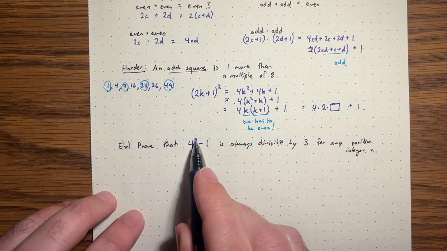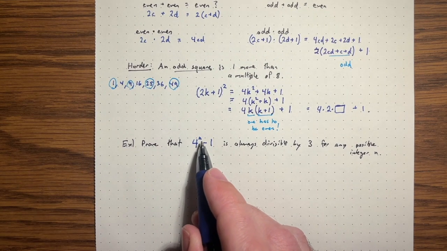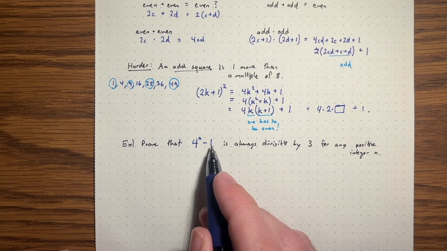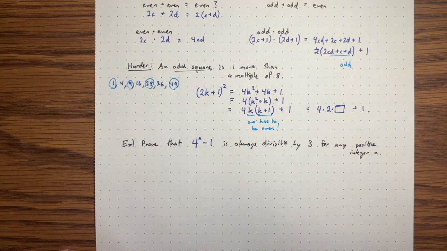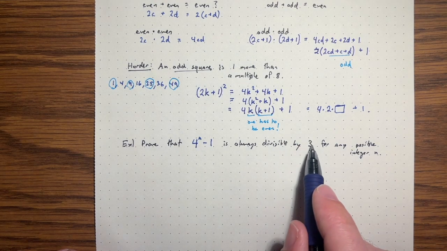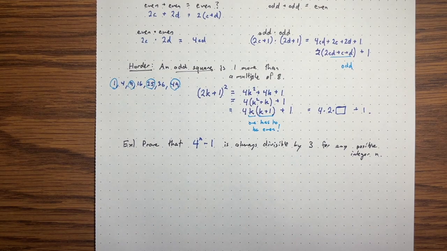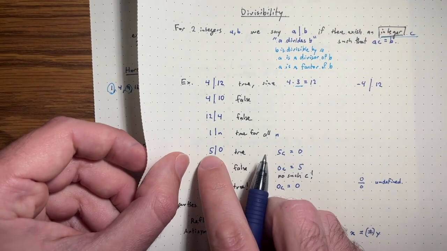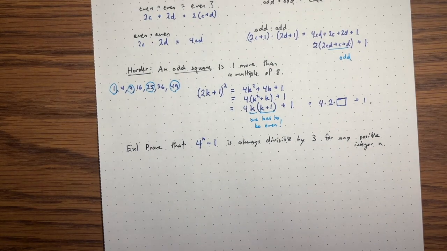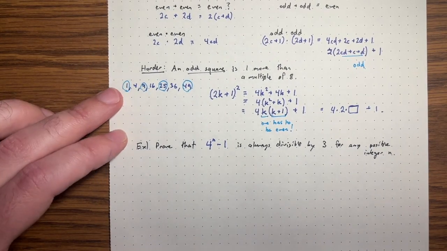I guess I could include 0 also, because if we have 0 for n, we get 1 minus 1, which is 0, and 0 is always divisible by 3. 3 divides 0, right? That's how you'd say it. Anything divides 0. 0 is divisible by every integer.